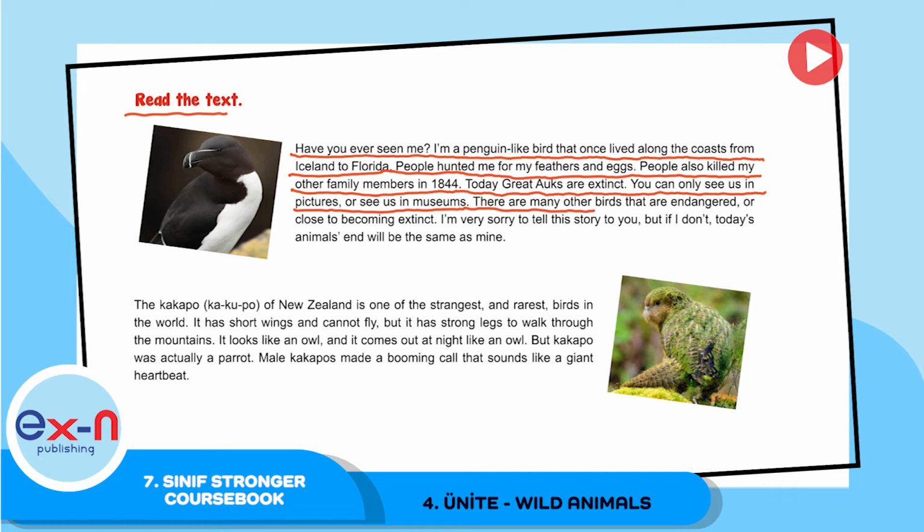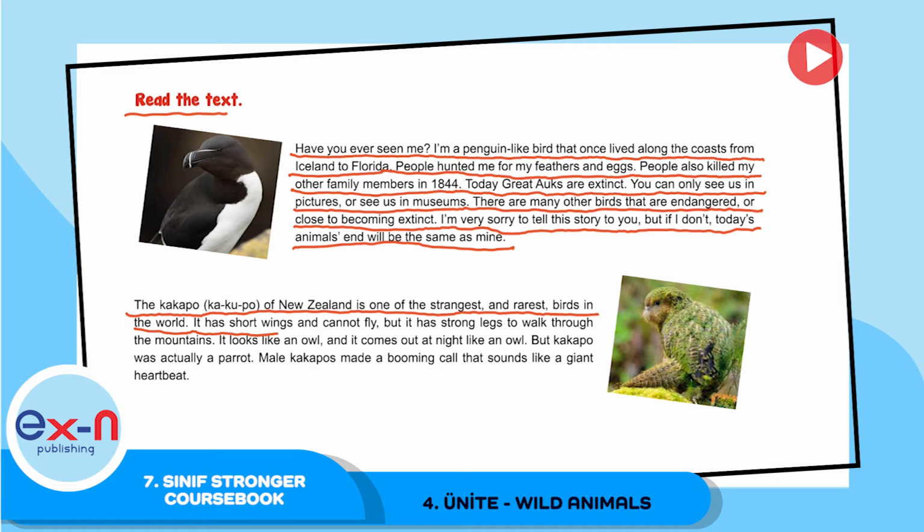There are many other birds that are endangered or close to becoming extinct. I'm very sorry to tell this story to you, but if I don't, today's animals' end will be the same as mine. The kakapo of New Zealand is one of the strangest and rarest birds in the world.